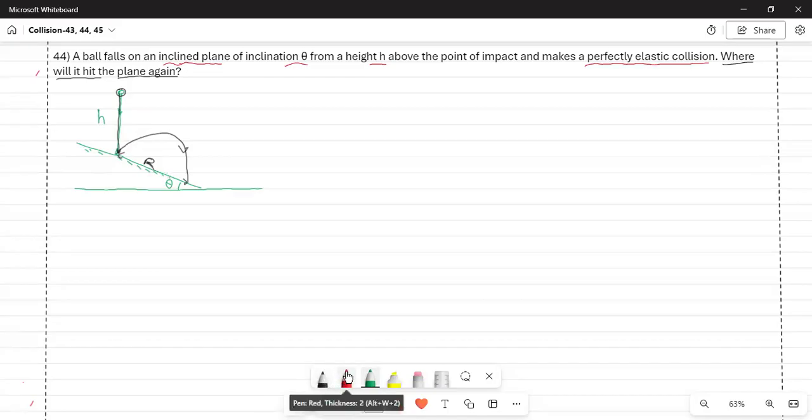Now let us say the ball hits the ground with velocity u.